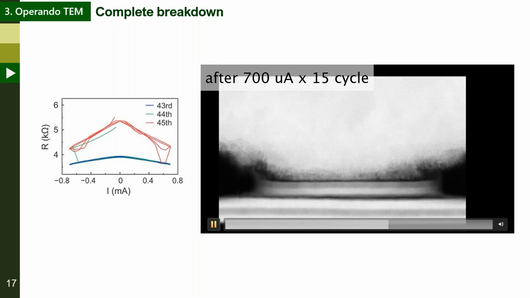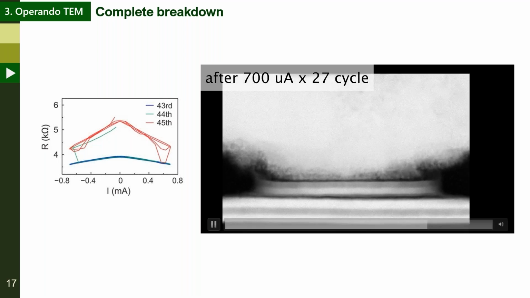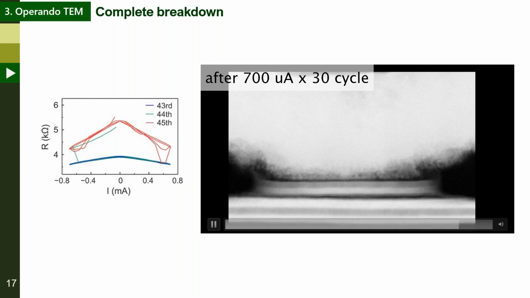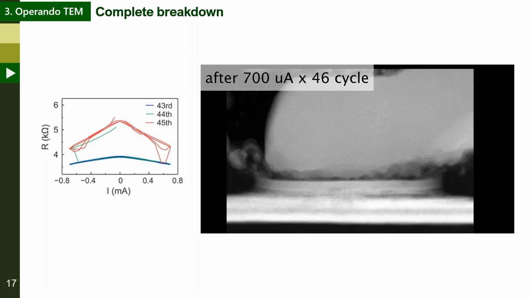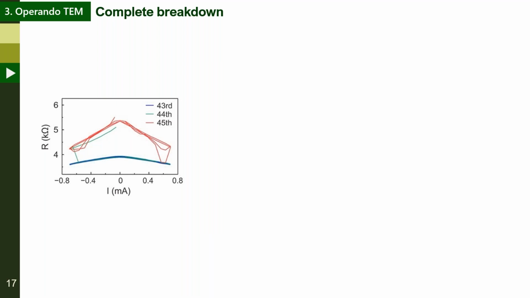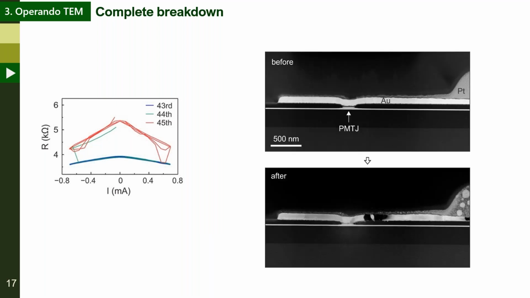Specifically, the top gold electrode melts and collapses at this critical point, and also in the low magnification images, we can see that the top electrode entirely collapses, and is almost entirely destroyed.